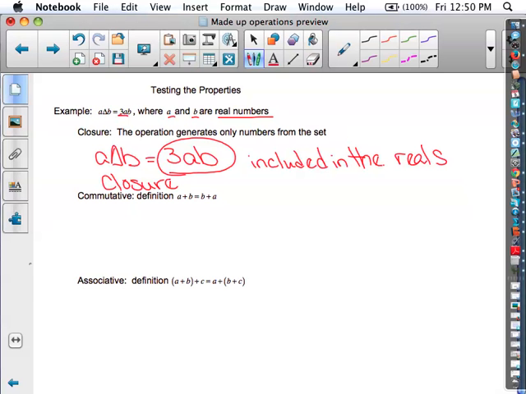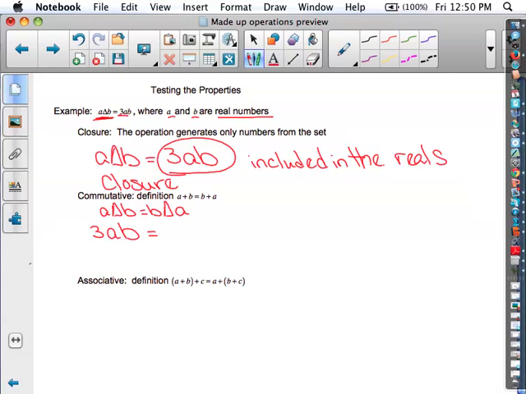Remember the definition of commutative. Commutative says if I take A plus B, that should be equal to B plus A. So let's look at the property of commutativity in regard to this rule. So I have A delta B should be equal to B delta A. Well, remember, go back to your rule. A delta B generates 3 times the first element times the second element.